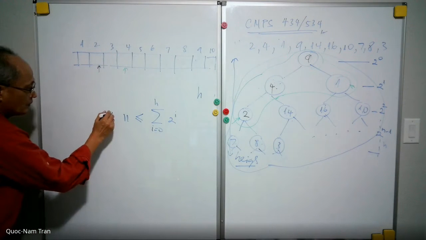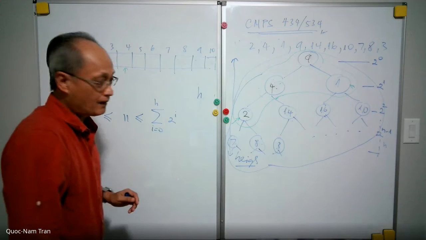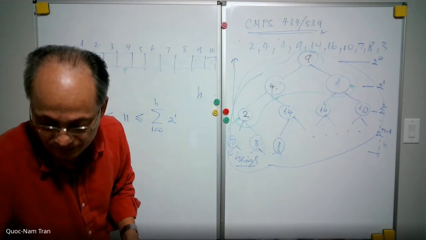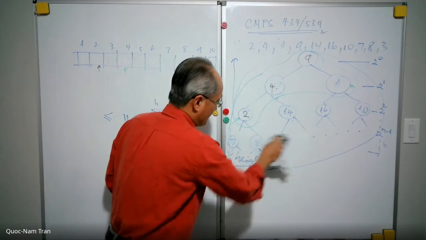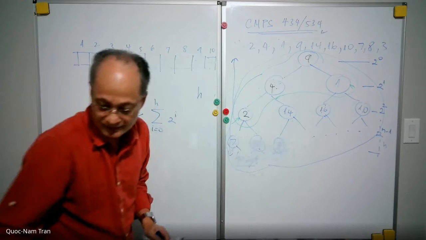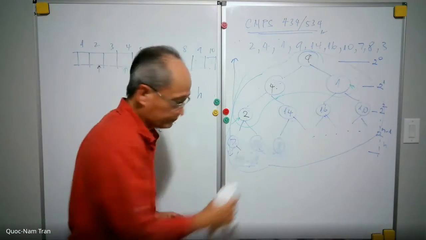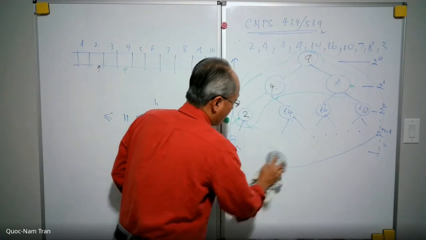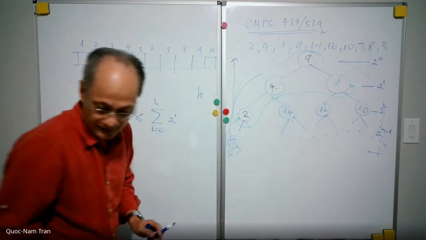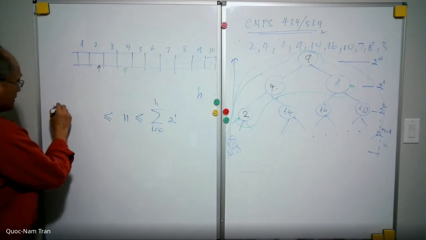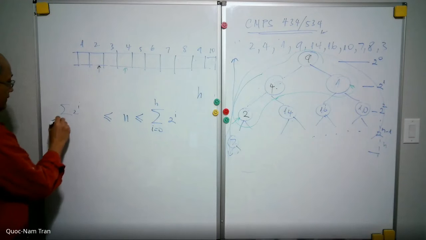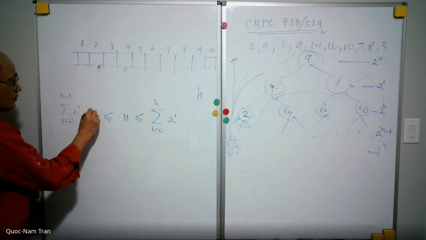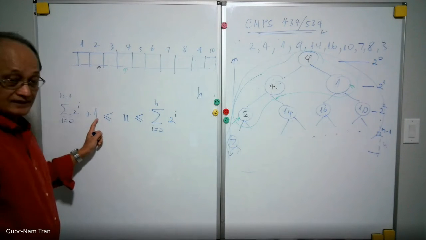And n will be bigger than or equal to the case when you have just one node on the last level, the minimum number of nodes on the last level. That is the sum of 2 to the power i for i from 0 to h minus 1, plus one node on the last level.